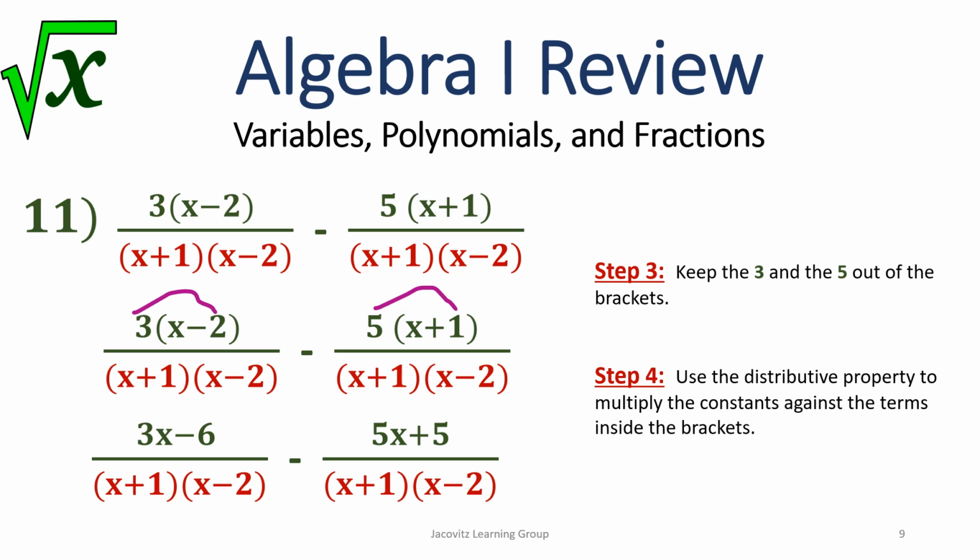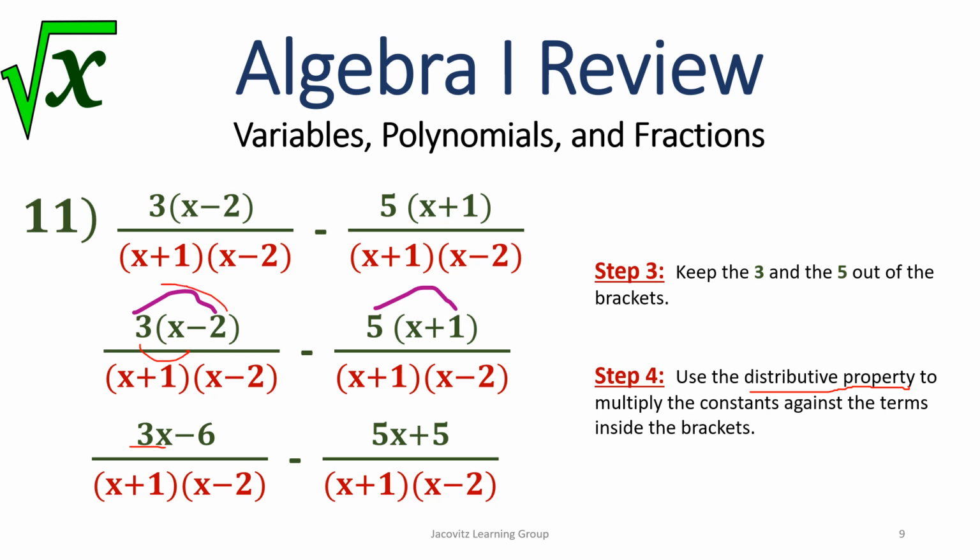Okay, so your common denominators are the same on both sides of the equation. Now you can take care of your numerator. It's the distributive property. So 3 times x is 3x, that's what's here.